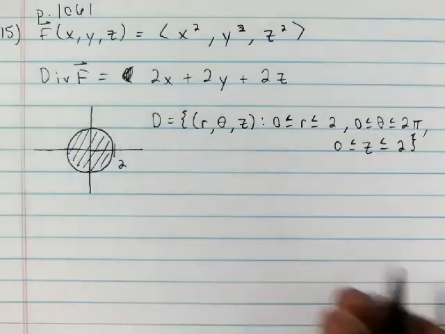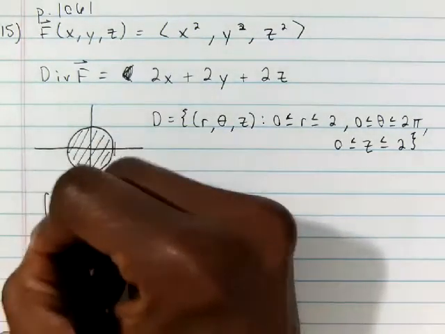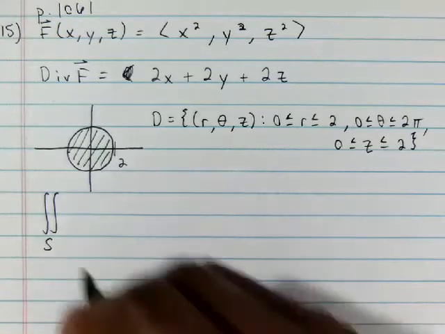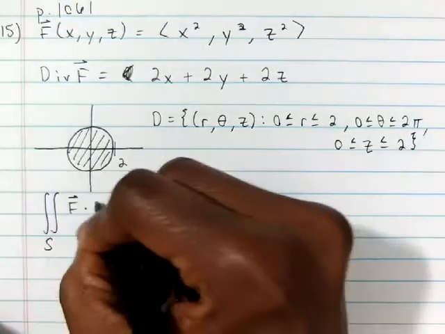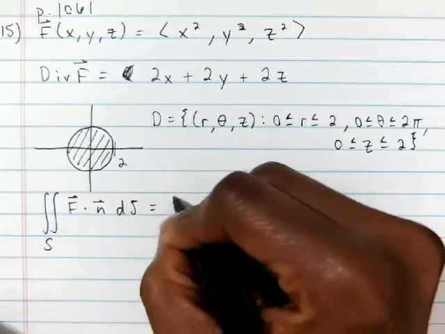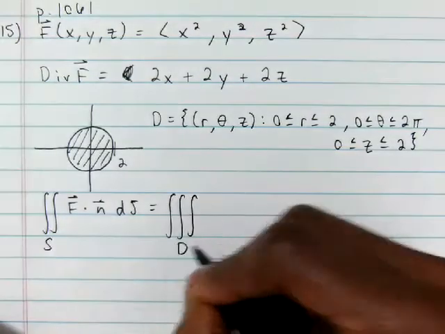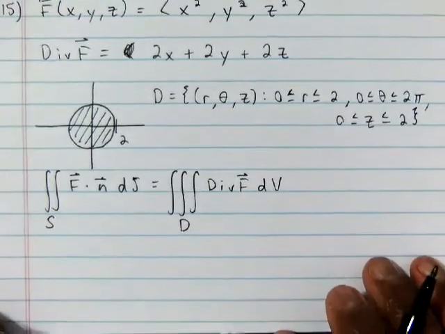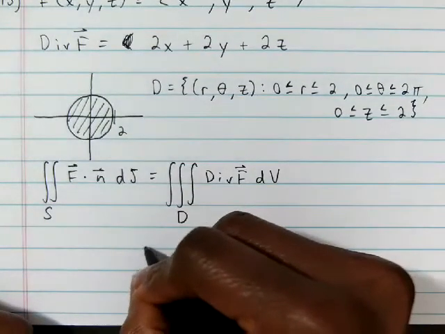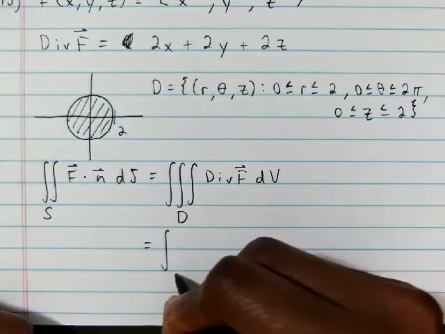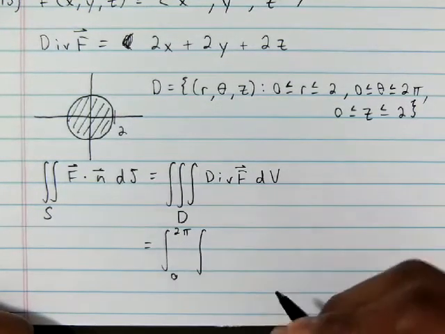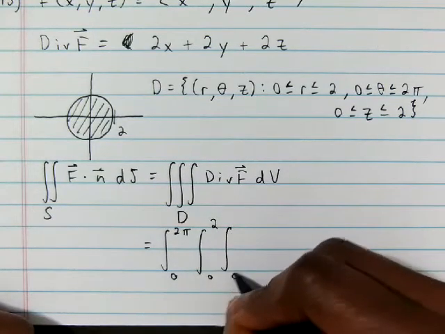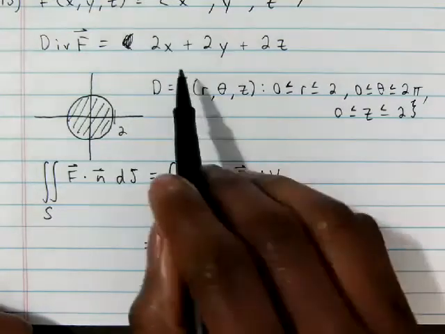Now the divergence theorem tells us that the surface integral over S, the textbook calls it sigma, I'm going to call it S, of F dot n dS equals the triple integral over D of the divergence of F dV, which for us equals the integral with theta going from 0 to 2 pi, r going from 0 to 2, z going from 0 to 2, and our integrand is 2x plus 2y plus 2z.